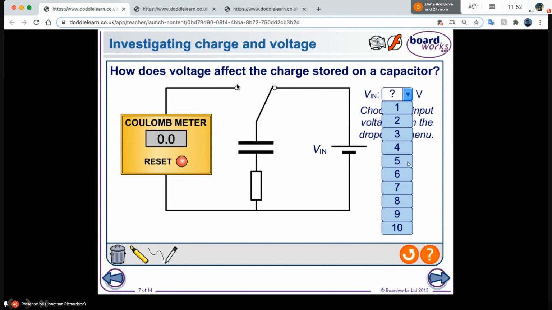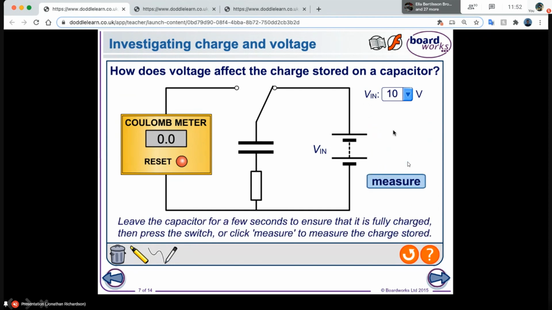And when we make the circuit, the electrons will transfer through this Coulomb meter and back to the other plate, so balancing out again. That's the process we call discharging. So I'll just show you this with 10 volts. So we've now connected a 10 volt battery on here.